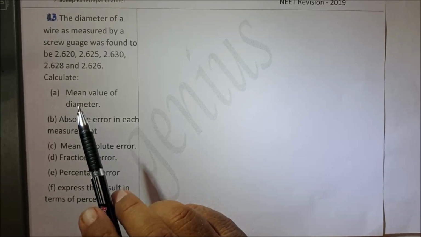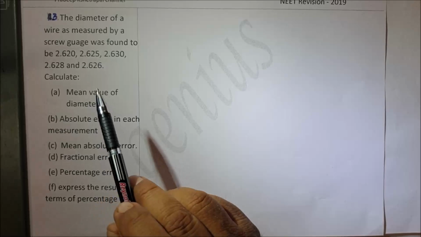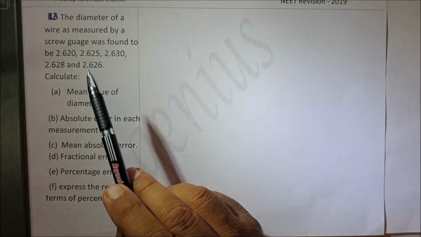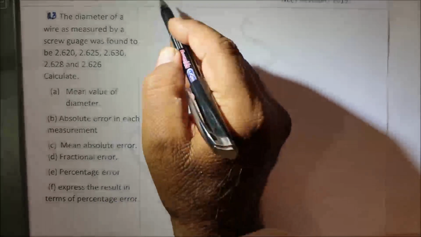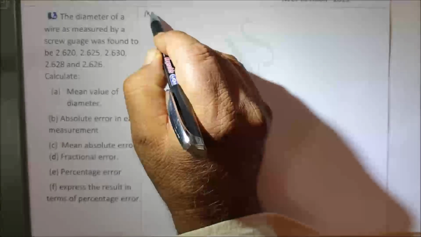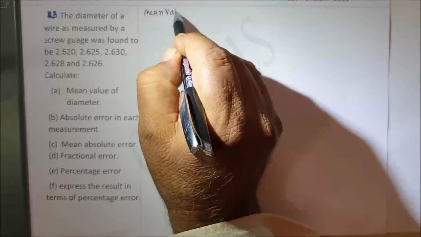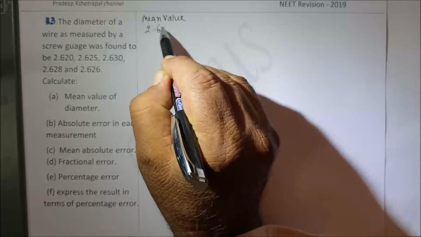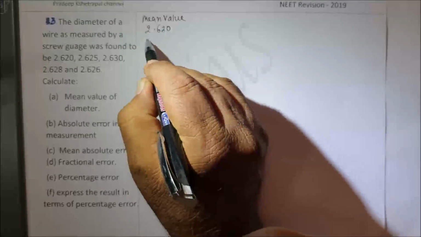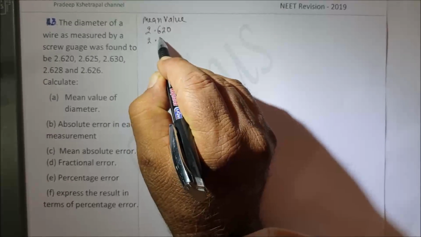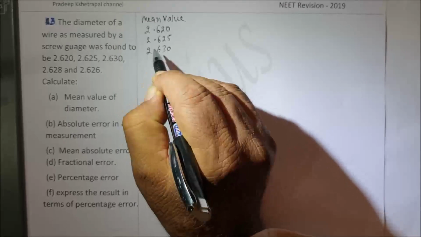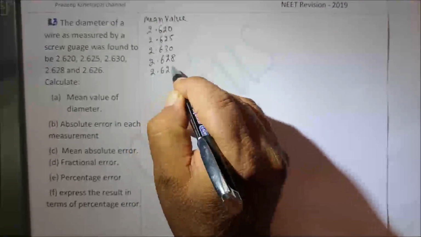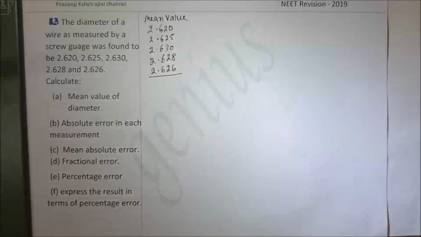How do we get the mean value? The mean value is average of all of them. So let's take mean value here. I will write here mean value, and we will make addition of all of them. So this is 2.620, 2.625. Okay, let's make the total of this.